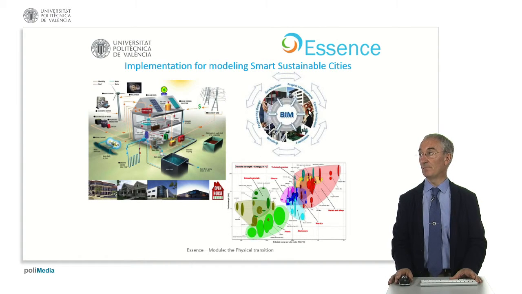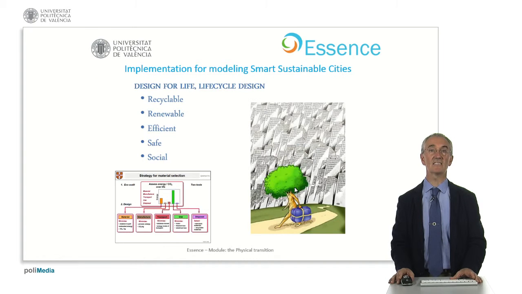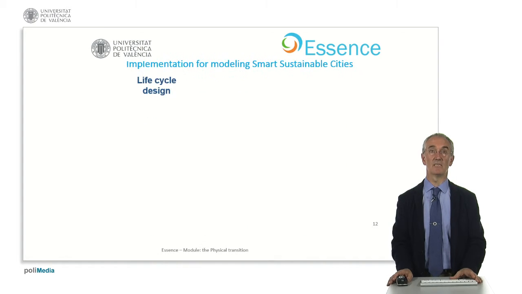Finally, the BIM model, taking into account the reality of the building, following, for example, the open house approach and the different databases for materials, is going to provide us with the overall result, the overall design that should be recycled, renewable, efficient, safe, and social. Those are the criteria which will define and will allow us to evaluate in perspective all the different elements of the BIM model and its result.